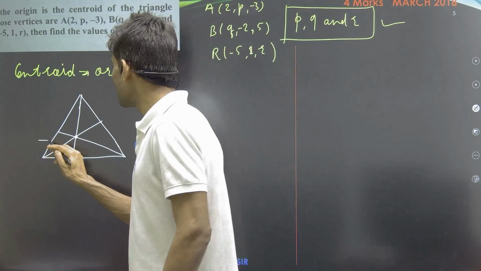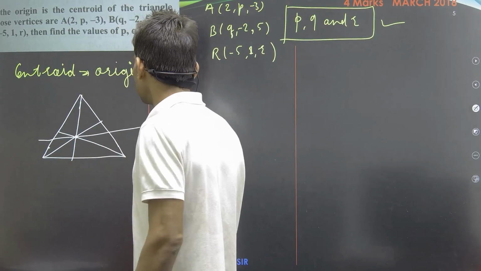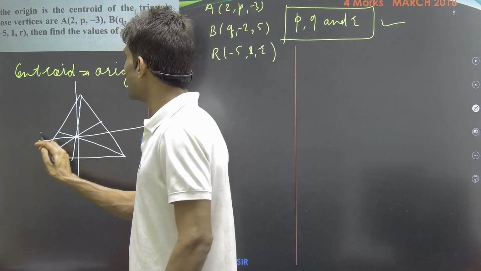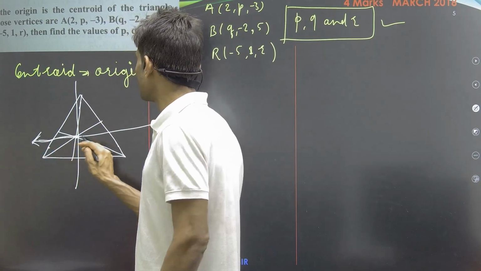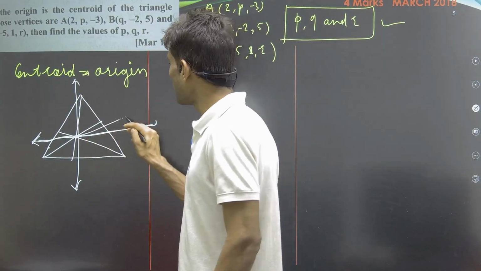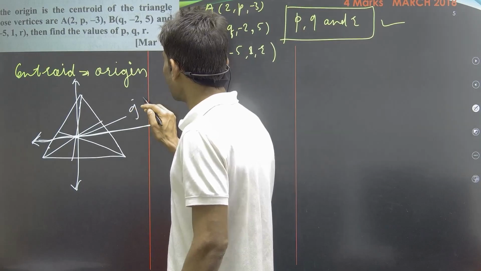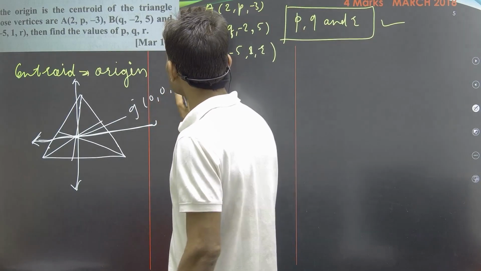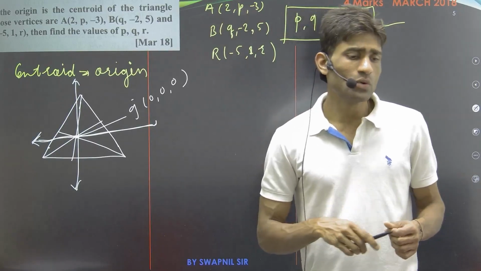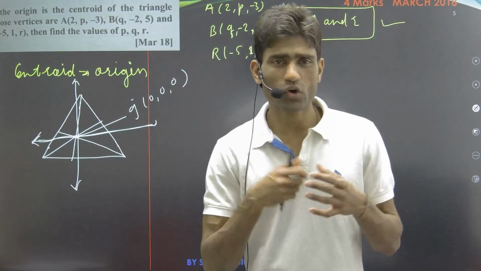That means the point passing through our centroid goes to the origin. The point, whatever it comes out as, is G bar, which gives us the value (0, 0, 0). That means the x coordinate goes to 0, the y coordinate goes to 0, and the z coordinate goes to 0. Why?